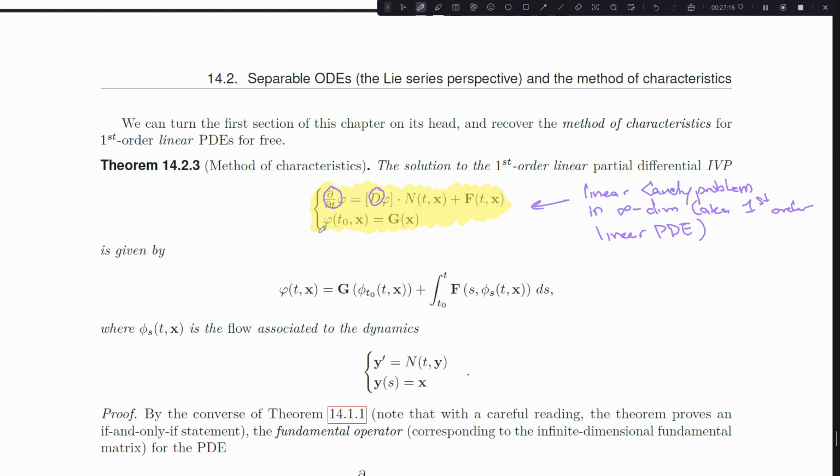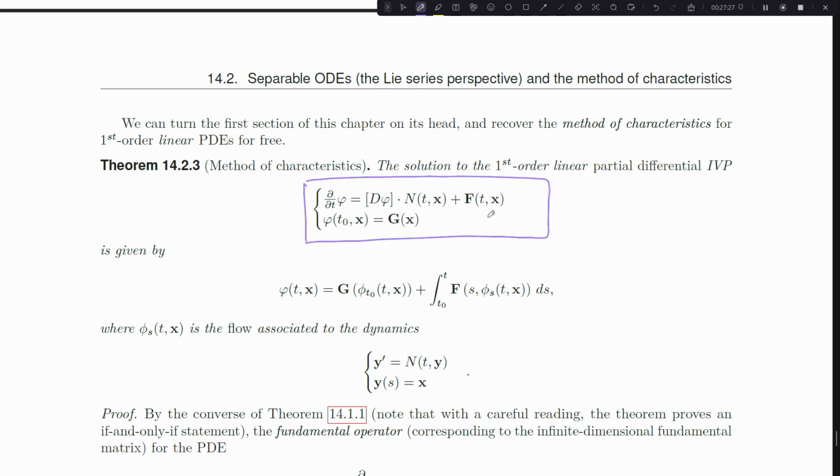And so this is actually a general first order linear PDE. And what I know is that I know I can solve this as it's a Cauchy problem. I can solve it using techniques from chapter 6, since it's a linear Cauchy problem.